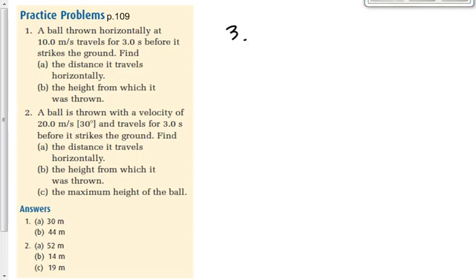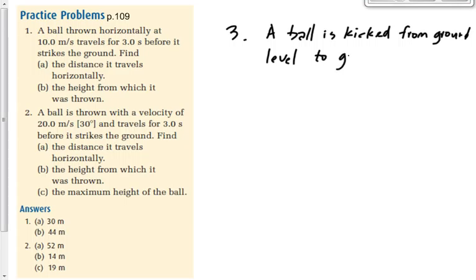Okay, I want to say a ball is kicked. You can do these in any order, by the way. I don't care whether you do them in this order or not. Make this number 1, make this number 3, make it number 2. I don't care. A ball is kicked from ground level to ground level. In other words, it ends up exactly where it started on the y-axis.